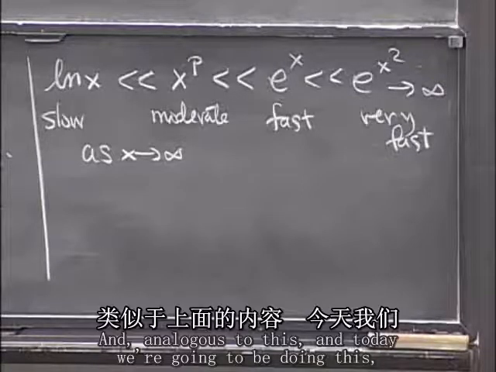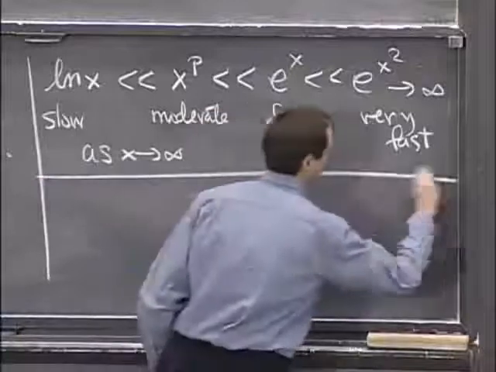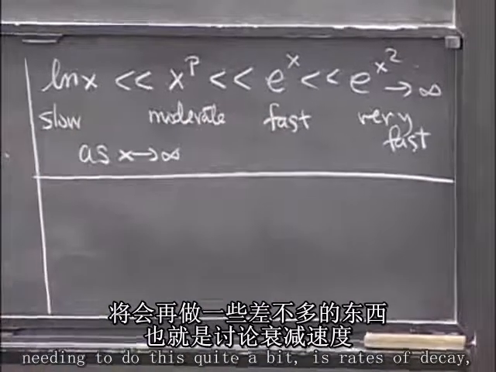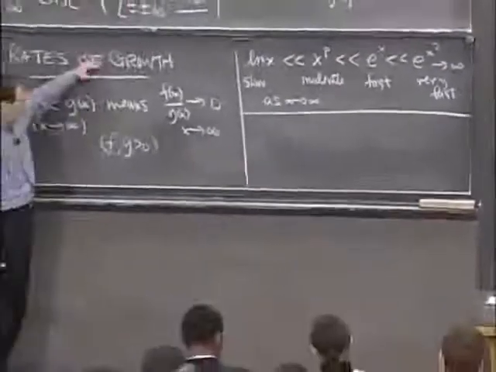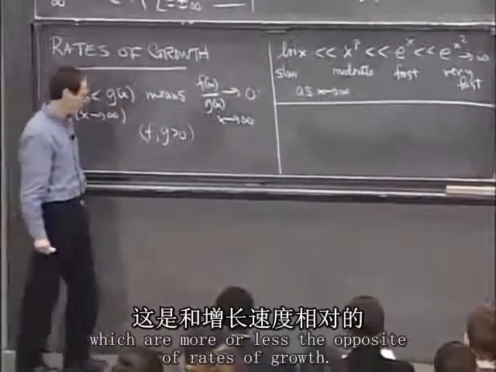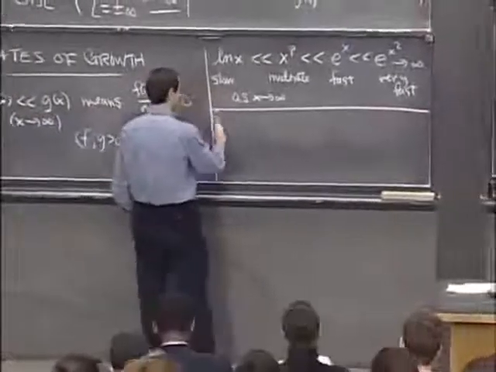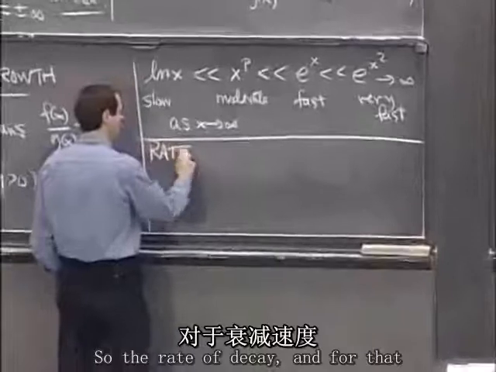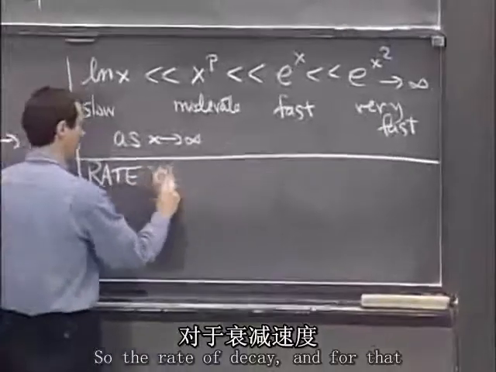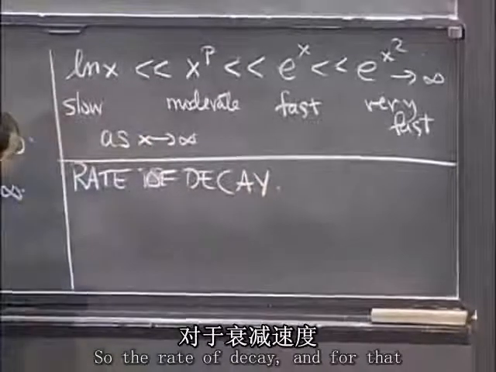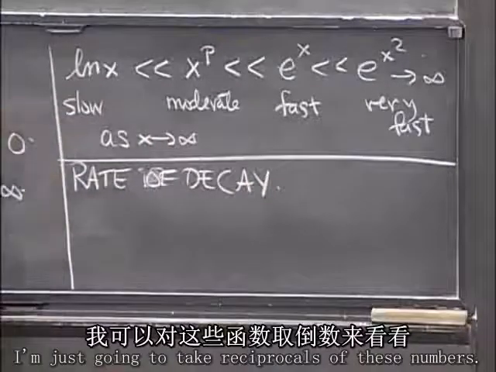And analogous to this, and today we're going to be needing to do this quite a bit, is rates of decay, which are more or less the opposite of rates of growth. So rates of decay are rates at which things tend to zero. And for that I'm just going to take reciprocals of these numbers.